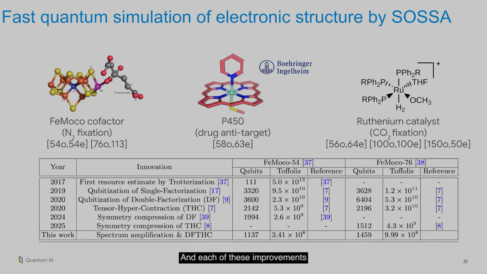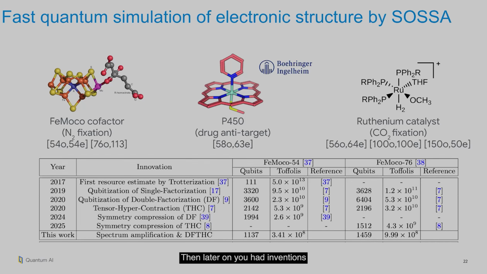And each of these improvements usually come with some new insight about how to better simulate electronic structure. So the very first estimate in 2017, that's also the very first serious estimate. Back then, quantum algorithms weren't quite as mature, so people used Trotterization. It's very old-fashioned, but maybe it doesn't scale quite as well.